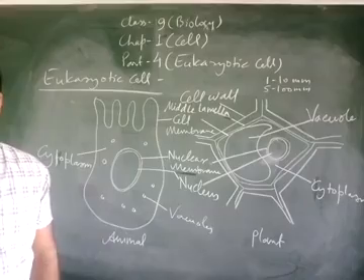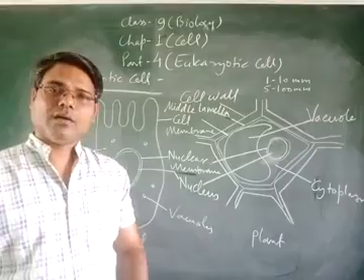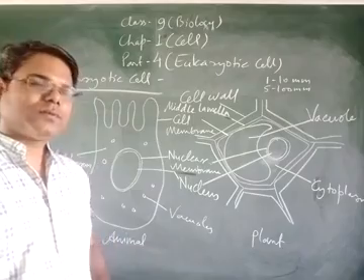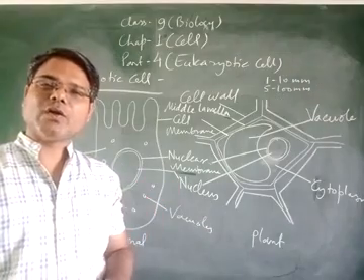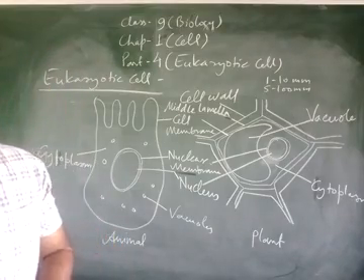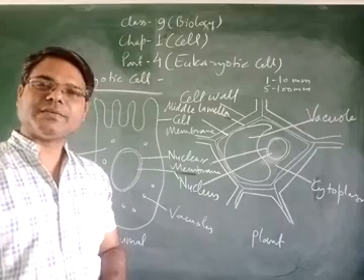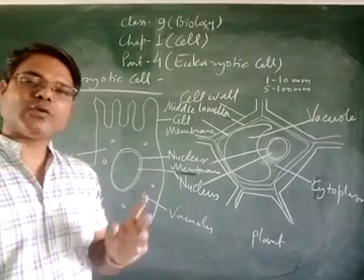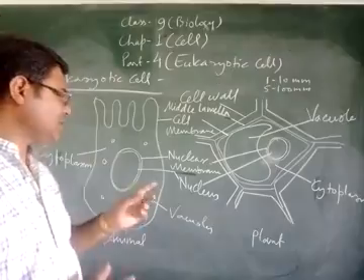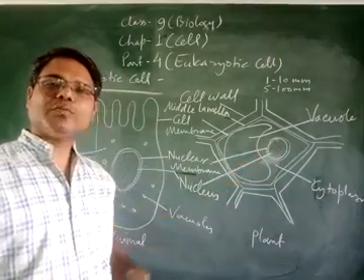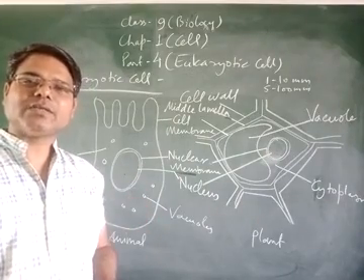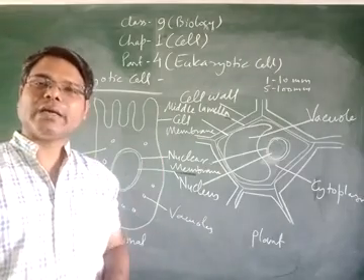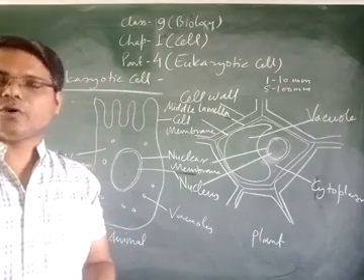Now students, chromosome or gene or nucleic acid: in prokaryotes a very small, single chromosome is present, whereas in eukaryotes more than one chromosome is available inside the nucleus. Chromosomes are actually present inside the nucleus, so there is more than one in eukaryotes and a single chromosome in prokaryotes.